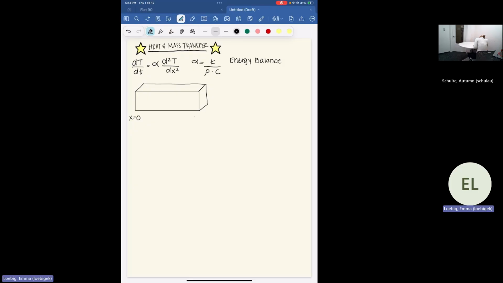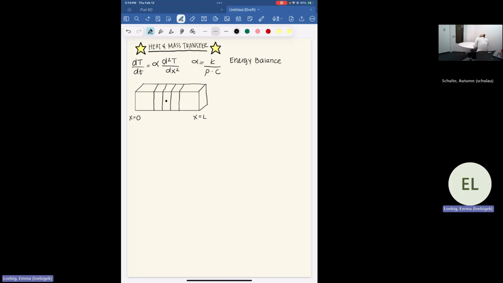And over on the right side, this is going to be at a position of x is equal to L. Now let's split this rectangle into sections. For the sake of this example, we are going to say that we are concerned with the heat flow through this center brick. Let's first state some initial and boundary conditions.